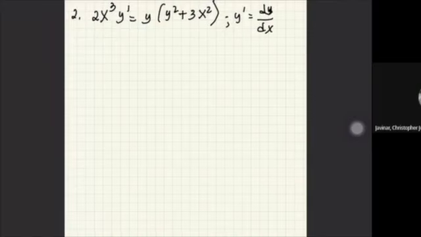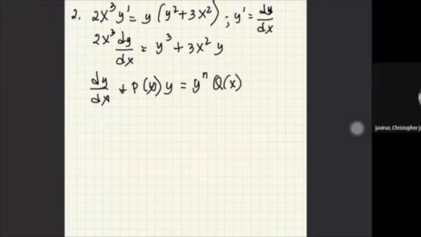Dependent variable ko ay y, tapos independent ay x. So, ito, gagawin natin dito is, ayan tayong dy, dx. Tapos yung right side, distribute natin ha. So we have y cubed plus 3x squared times y.